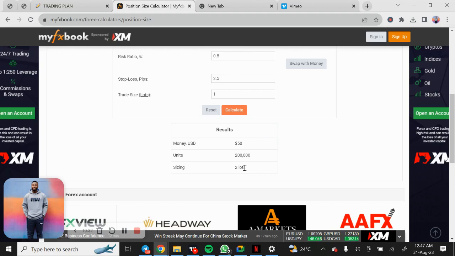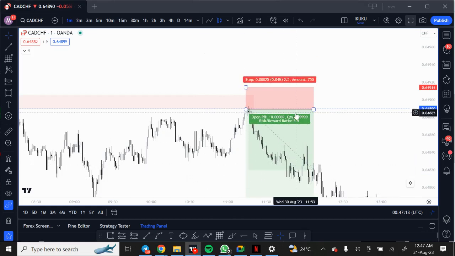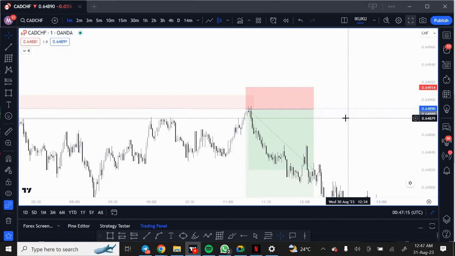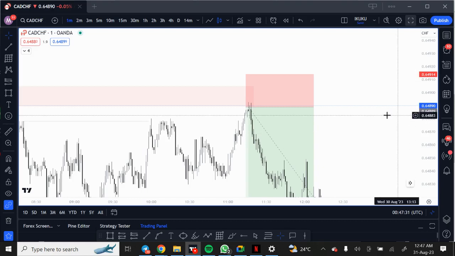Now, the next column is where they wrote price. Depending on the MetaTrader you are using, if it's MT4, you just see price and I think it's an ash color. The price is 0.64889.